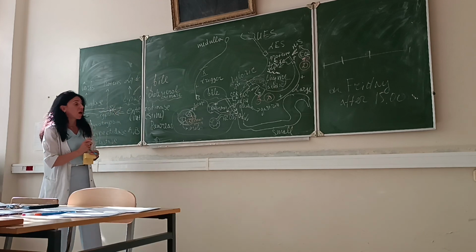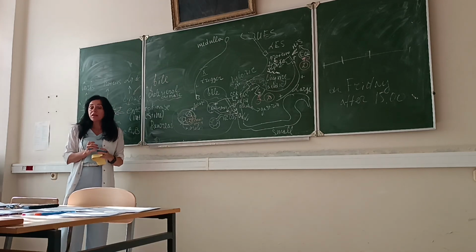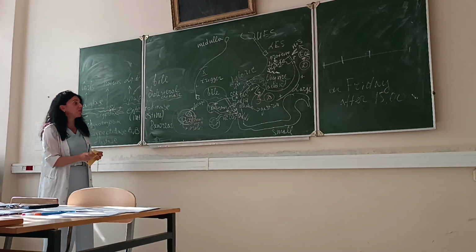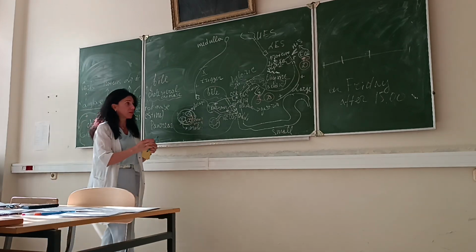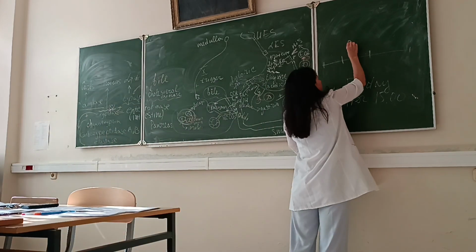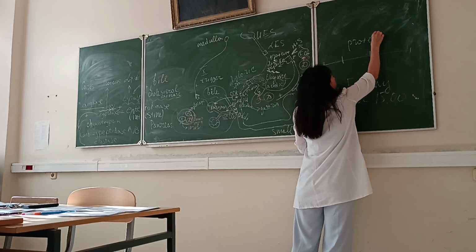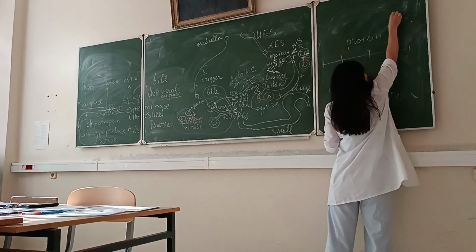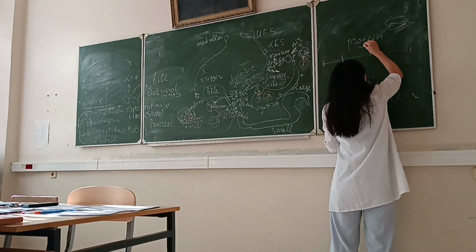Then, bile. Bile emulsifies fats. What does it mean? Here, protein denaturation: a big molecule, then denaturation, and then breaking down.